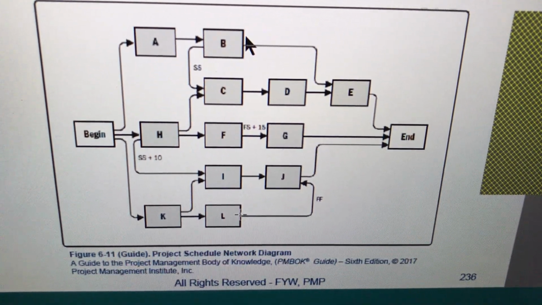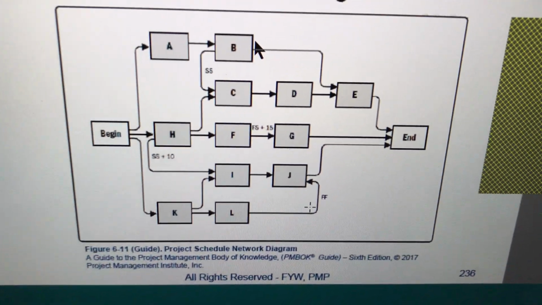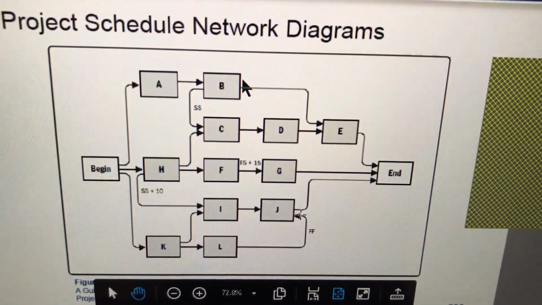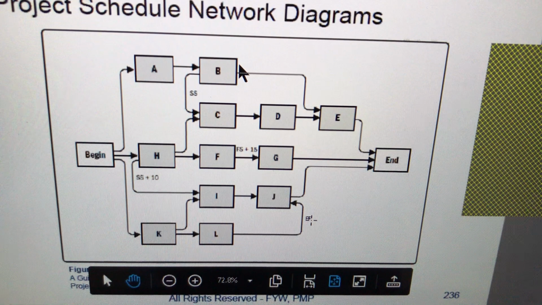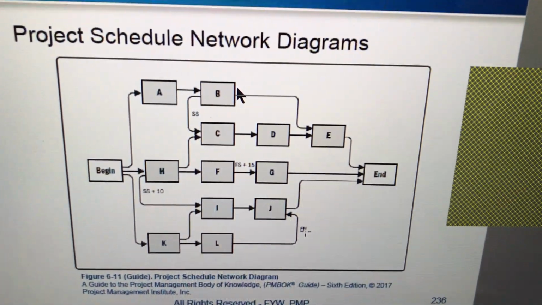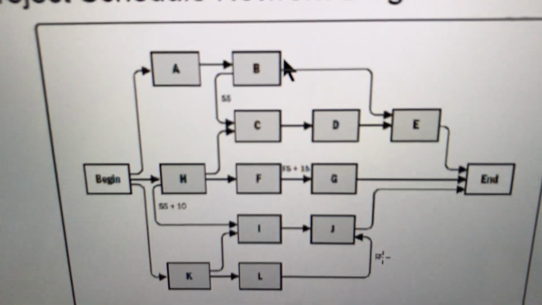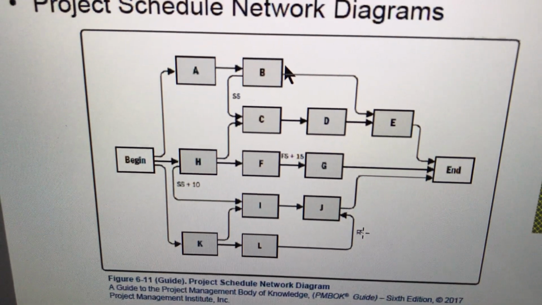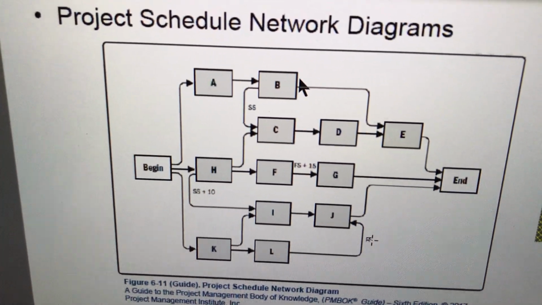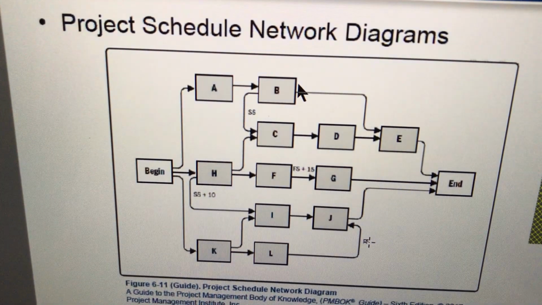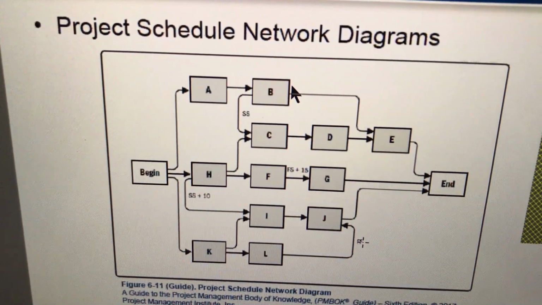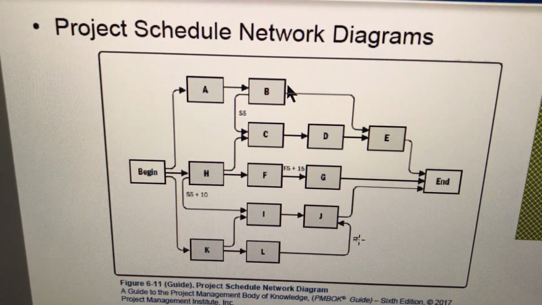Very good question. L is pointing towards a completion of J, and this is called a finish to finish relationship. What it means is that J and L should simultaneously complete. And when that can be, I'll give you an example for this.